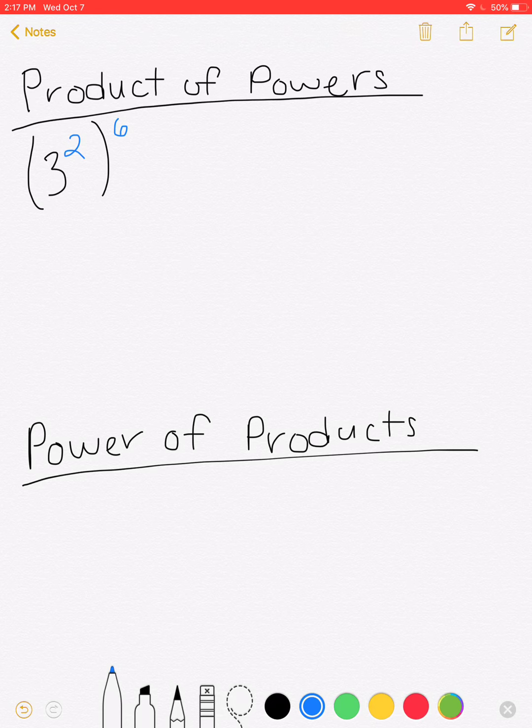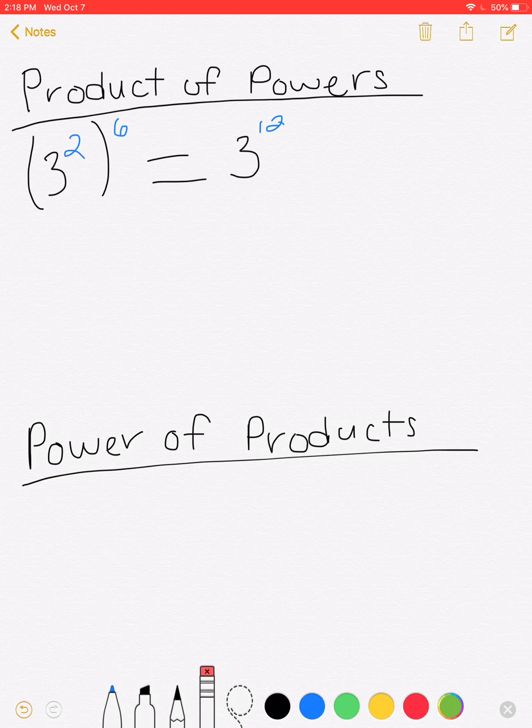So what we have here is 3 squared, to the 6th power. When we have an exponent inside of the parentheses and an exponent outside, and that's all we have, you keep the base number 3, and then we multiply the exponents together. So 2 times 6 is 12. So 3 to the 12th power.